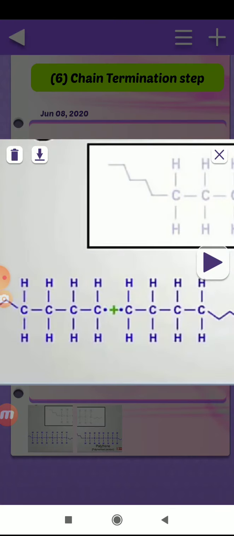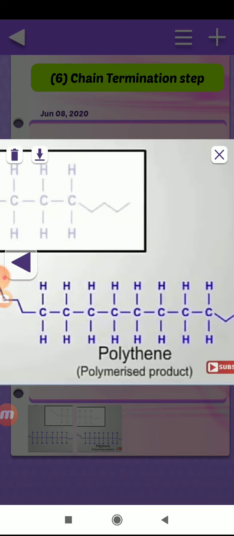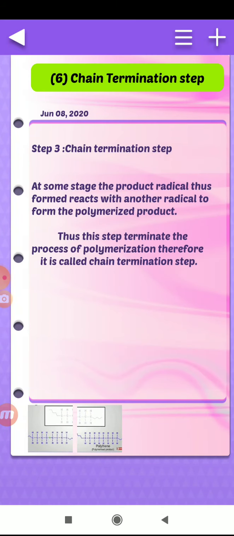This is a higher free radical formed during the propagation step, and the two higher free radicals combine to form a polymerized product. Thus the process is terminated here. That's why this process is called the chain termination step.